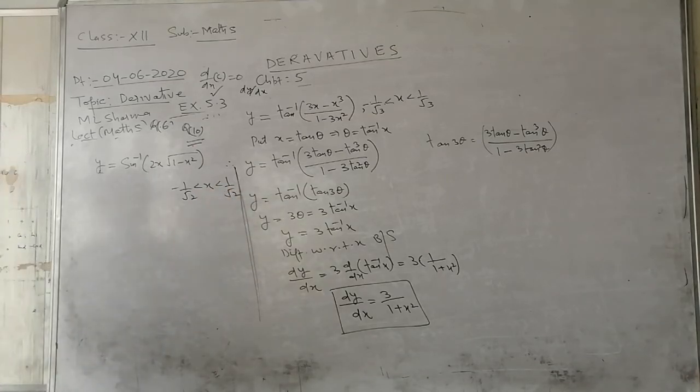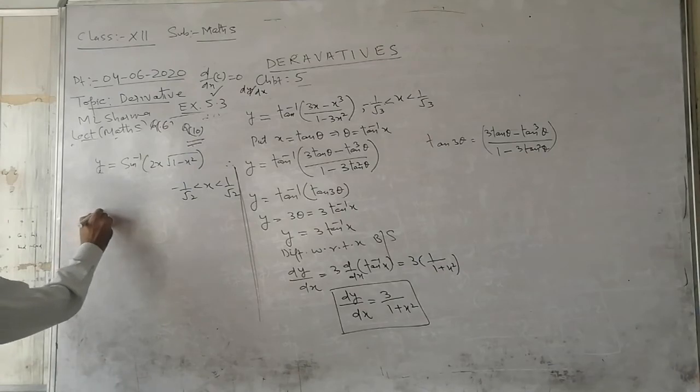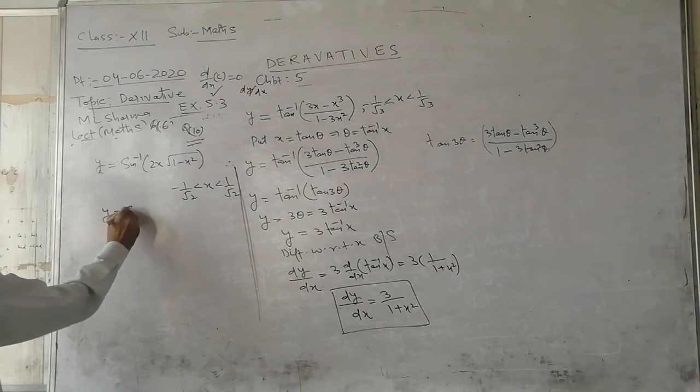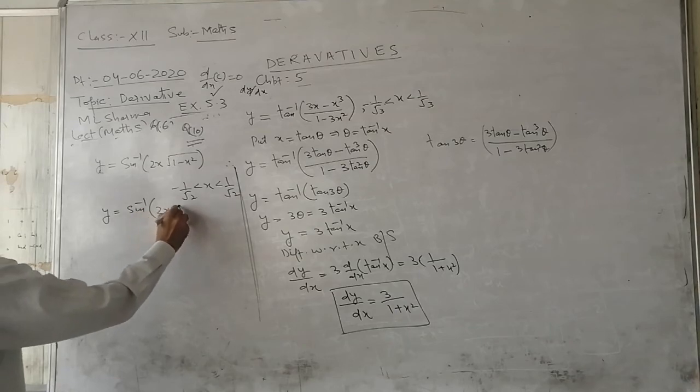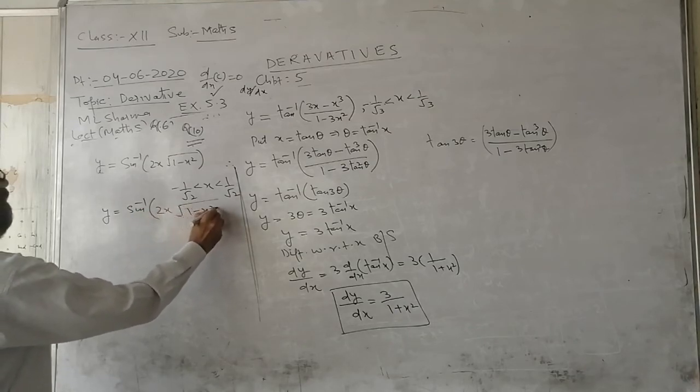This is the principal value of this inverse function. So y equals sine inverse 2x 1 minus x square.